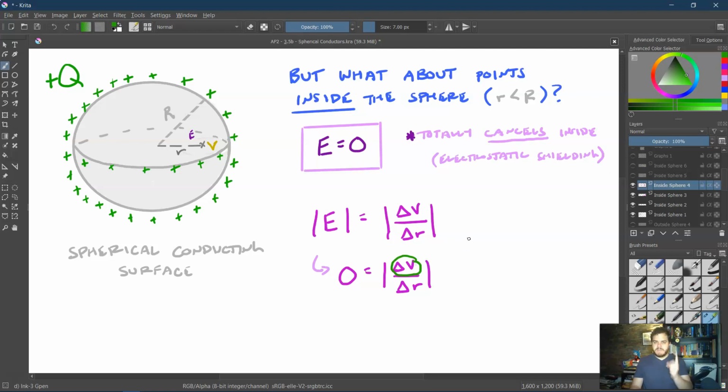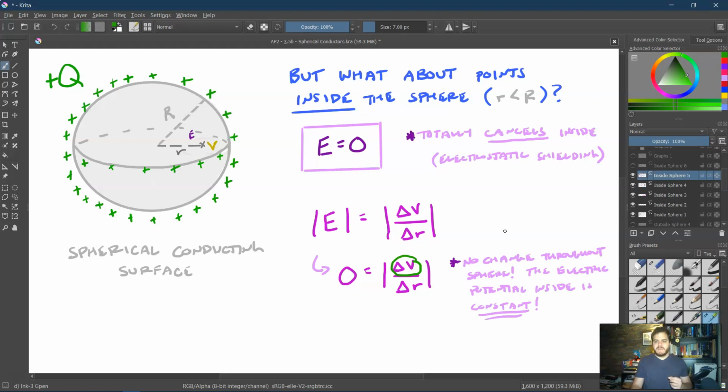And if the change in potential is 0, that means the potential must be constant at every point inside the sphere. In fact, it will just be equal to what it is at the surface. So at the surface of the sphere, V would equal kq over big R, where R is the radius of the sphere, and all of the potentials inside will be exactly the same. They are all going to match that value.